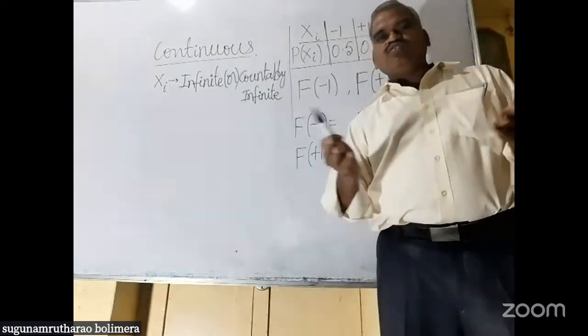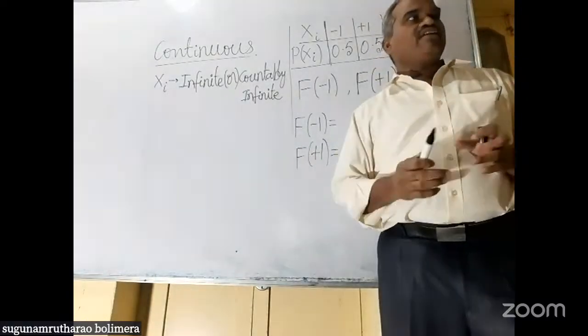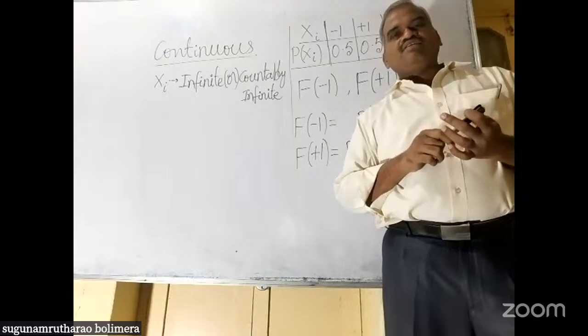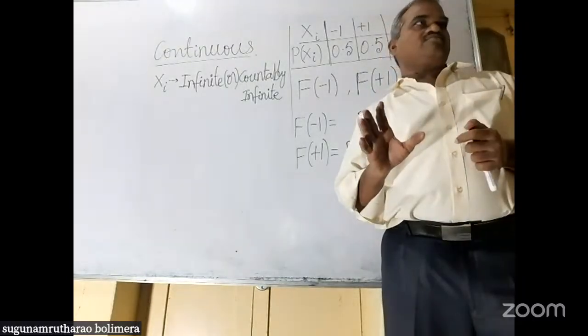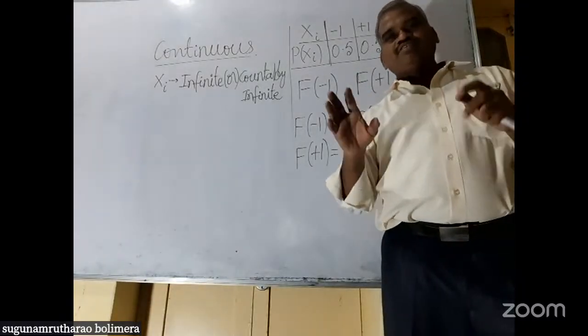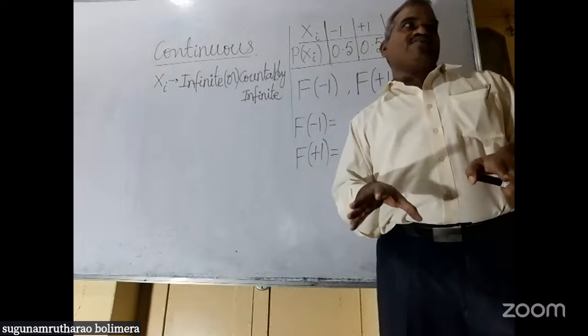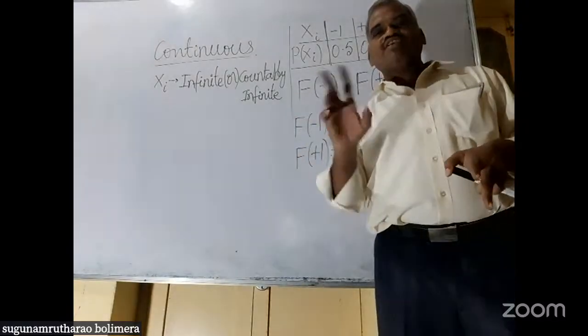Let me explain. Infinite means so many. Countably infinite means, say, taking a reading of temperature in a particular part of a city for every hour means 24 readings you will get.